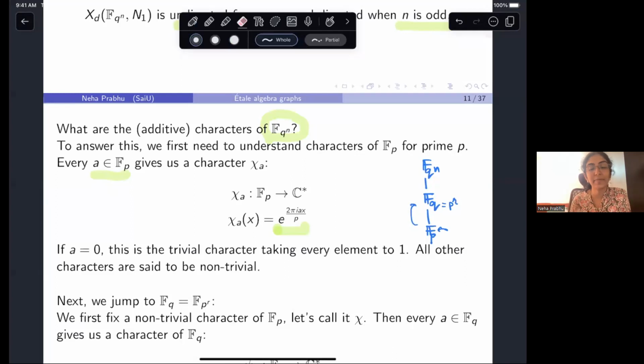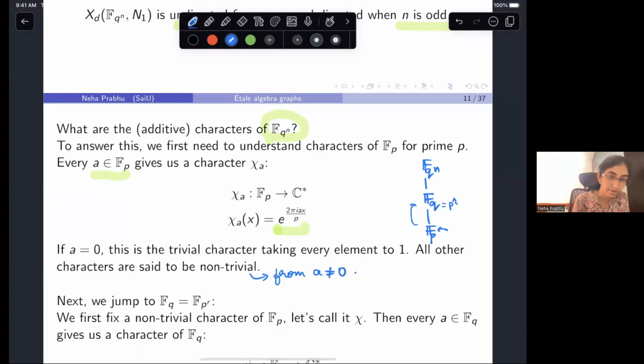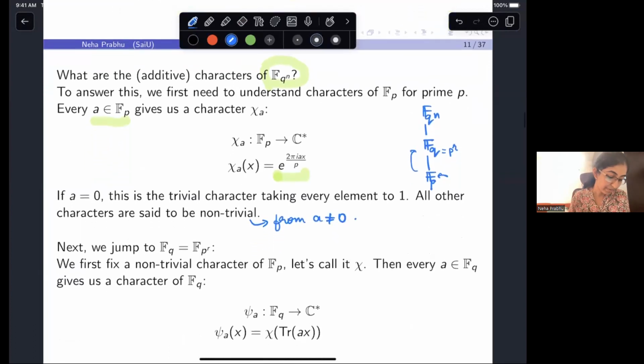If a is 0, this means chi a of x is 1, no matter what x is. So this is called a trivial character, and all other characters, coming from a not equal to 0, are said to be non-trivial. Now we jump to F_q, which is F_p to the r.